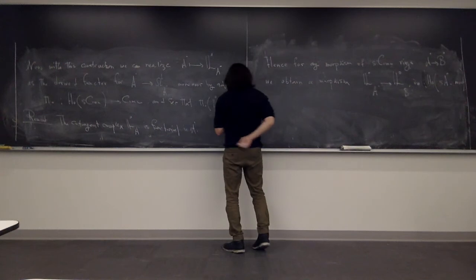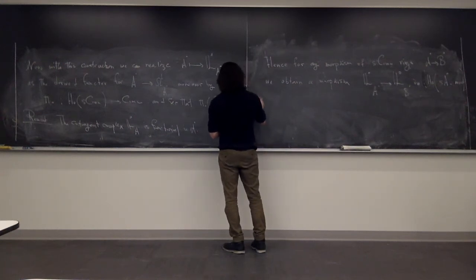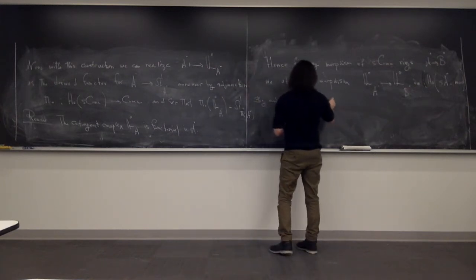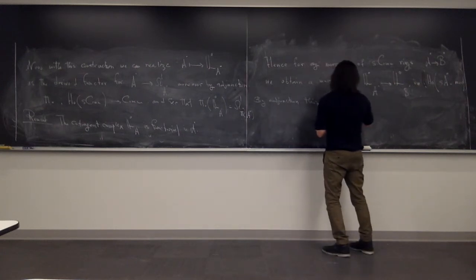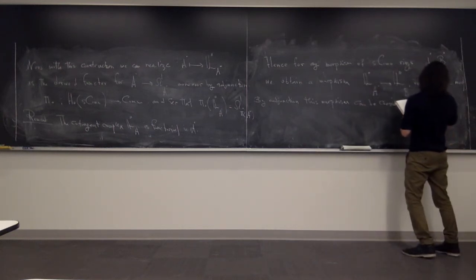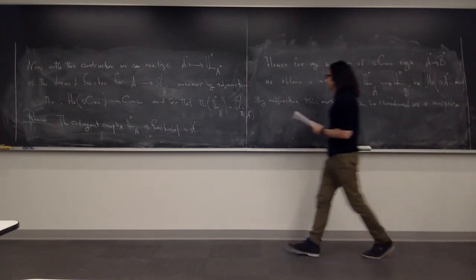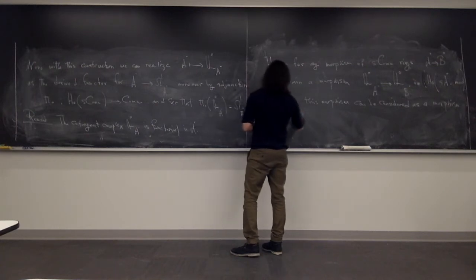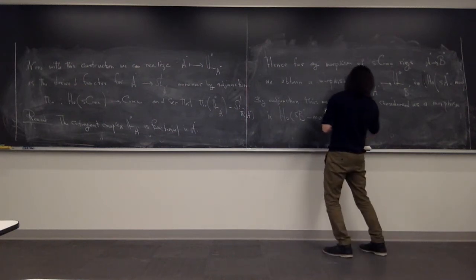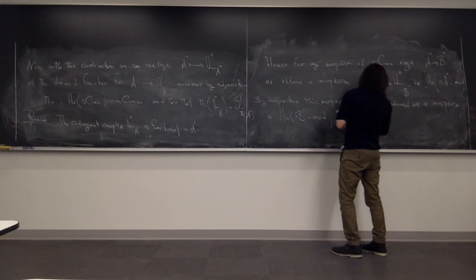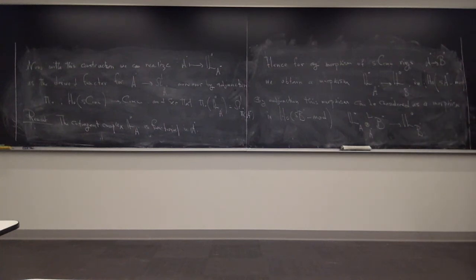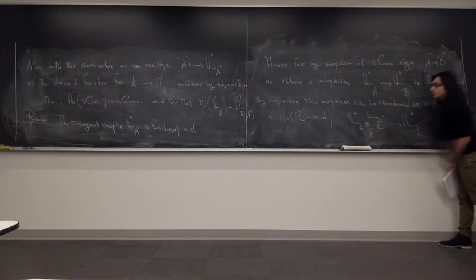And by adjunction, this morphism can be considered as a morphism in fact in the homotopy category of simplicial B dot modules, L dot of A dot derived tensor product over A dot with B dot, taking you to L dot of B dot, right?